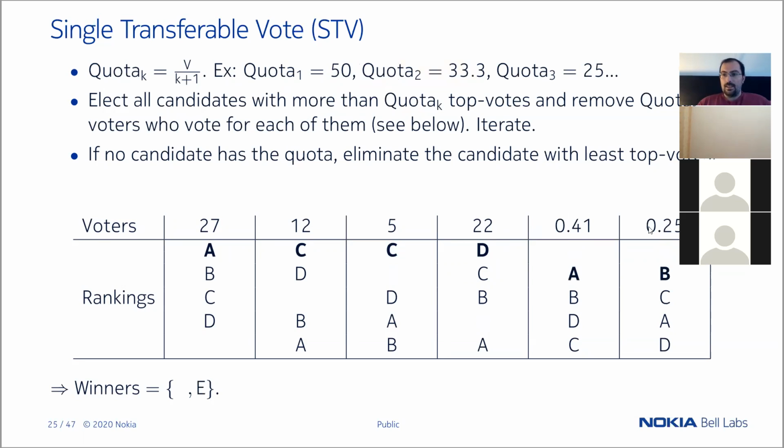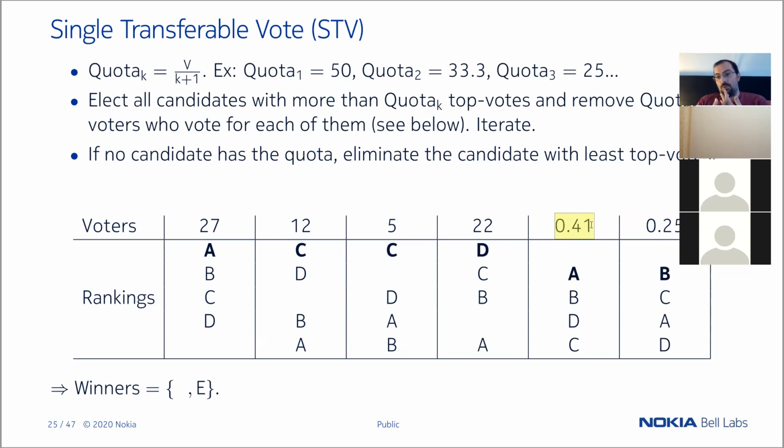So E is elected, and since we have 33.3 voters who are happy, we are going to remove 33.3 voters who voted for E, because these guys are already happy, they already got their chance to be heard. So among these E voters, we will remove 33.3 voters, and we do it proportionally to the different types of voters.